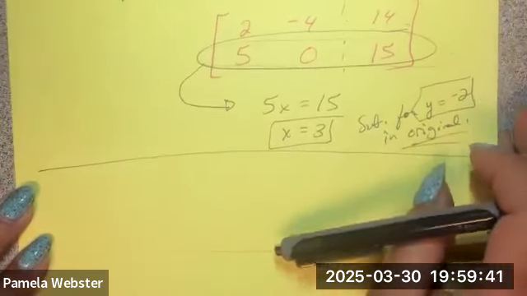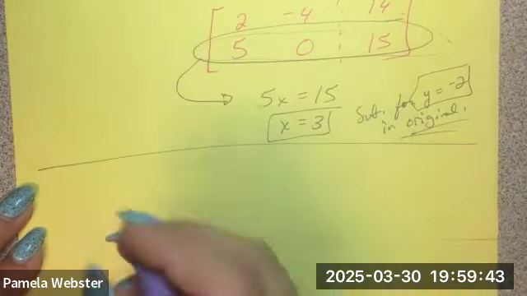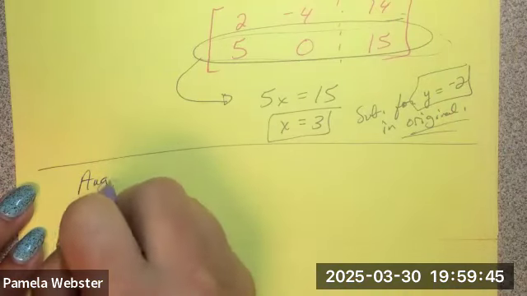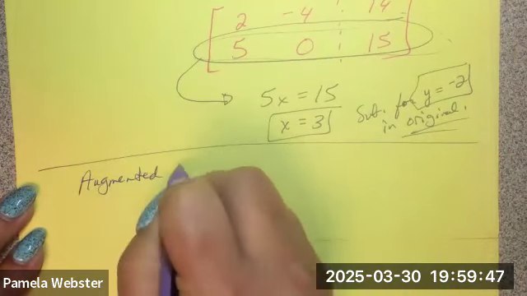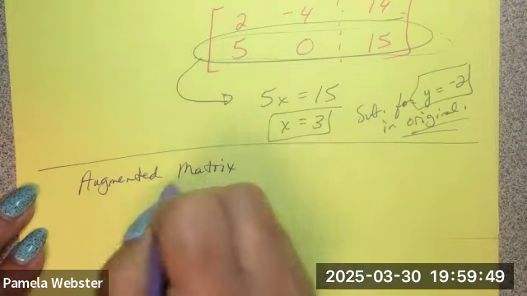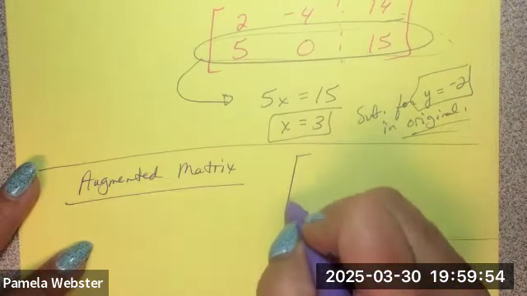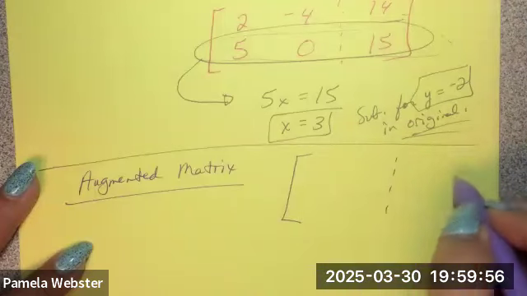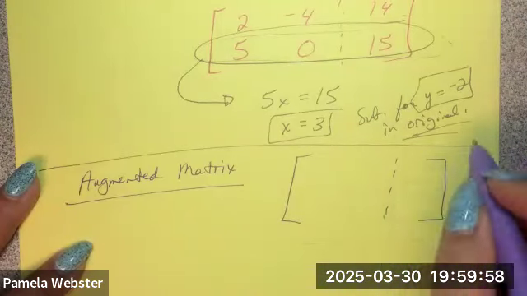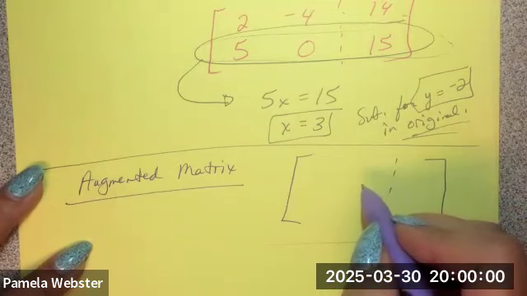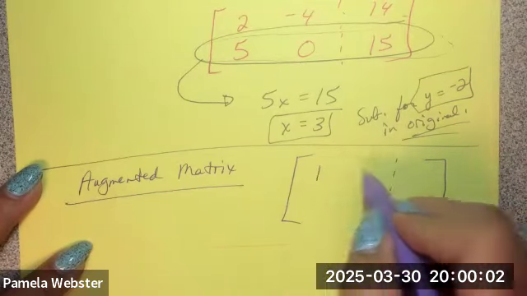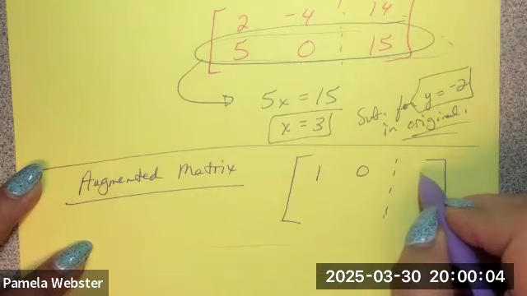But for my augmented matrix, there's a really cool process that will work every time. If this is a solvable matrix, meaning that I have solutions here, then I can get it into what is called a reduced format.